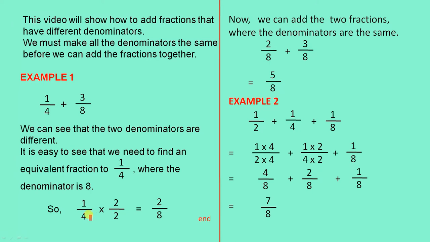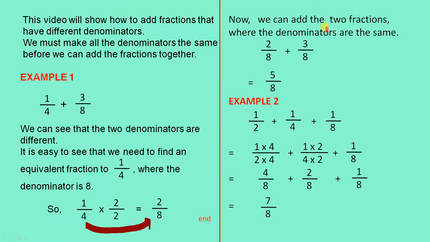Well, if we multiply 2 times 4, that gives us the denominator of 8. Now in order to keep the value of the fraction the same, we have to multiply the numerator by 2. 1 times 2 is 2, and 4 2s are 8. So basically 1 over 4 is the same as 2 over 8, because they're equivalent fractions.